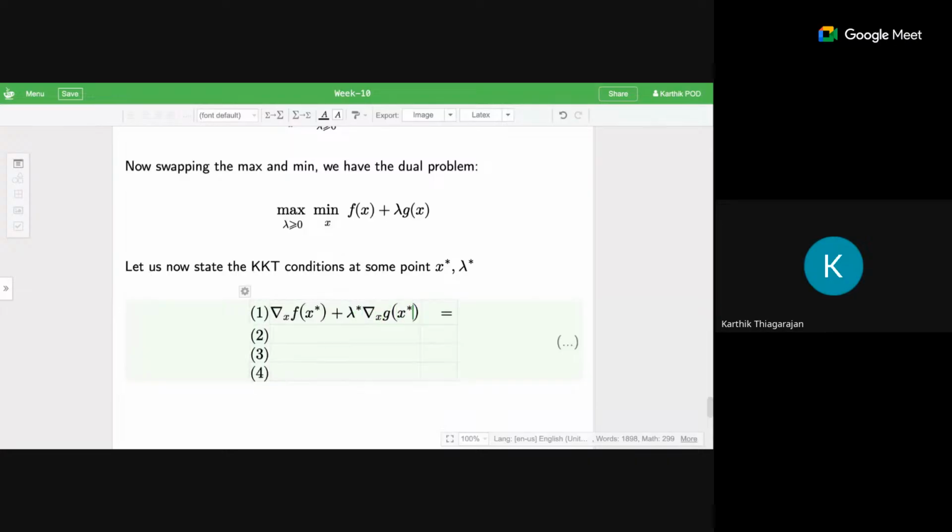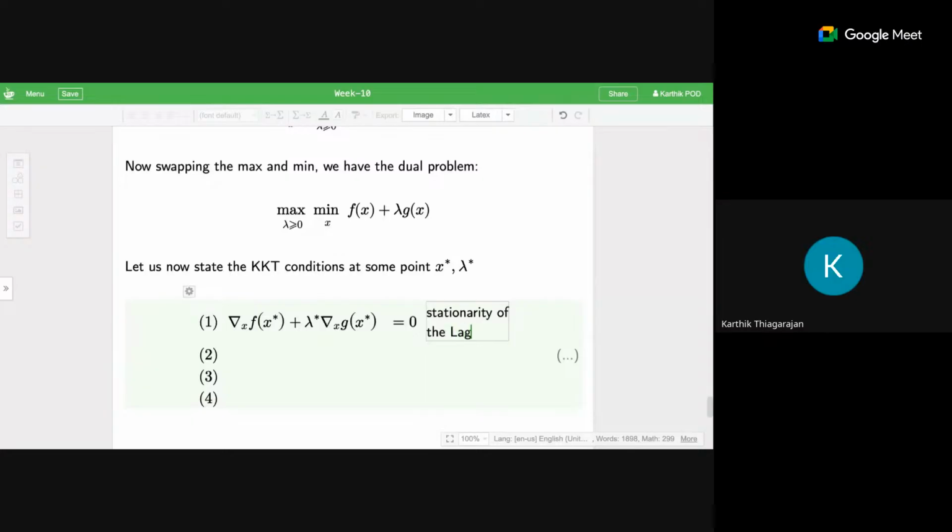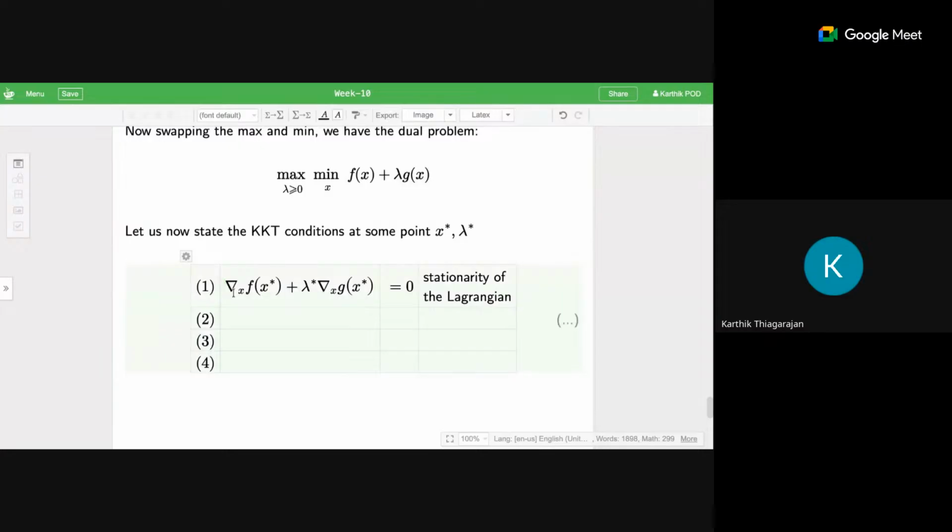This has to be 0. This is the first condition, called the stationarity of the Lagrangian. A stationary point is nothing but a point where the gradient is 0, so that's where the name comes from. So that is the first condition. What is the next condition?